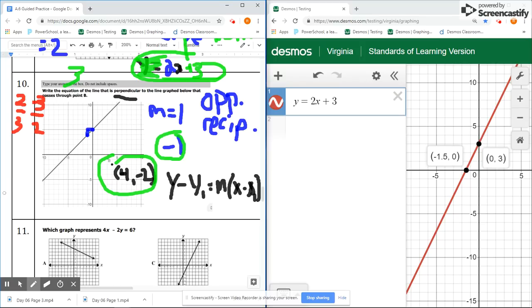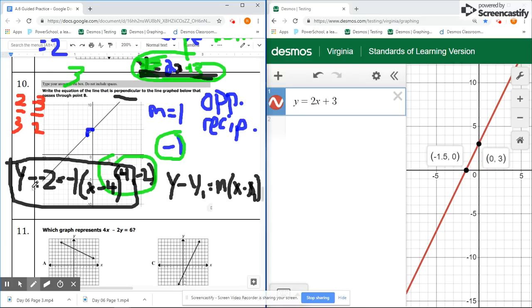So when we plug these in, we get y minus y1, so y minus negative 2, equals m, which is negative 1, parentheses x minus x1, which is 4. So technically this is the equation of the line that passes through that point and is perpendicular to this line. It does not tell us to type it in slope-intercept form like we did here. I would guess that they probably would want it in slope-intercept form, but it doesn't say it, so I'm just going to leave it like this.